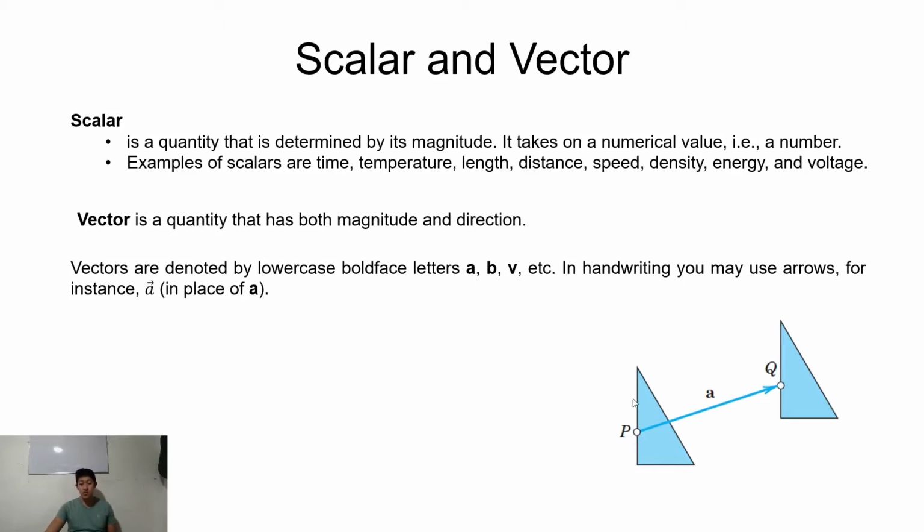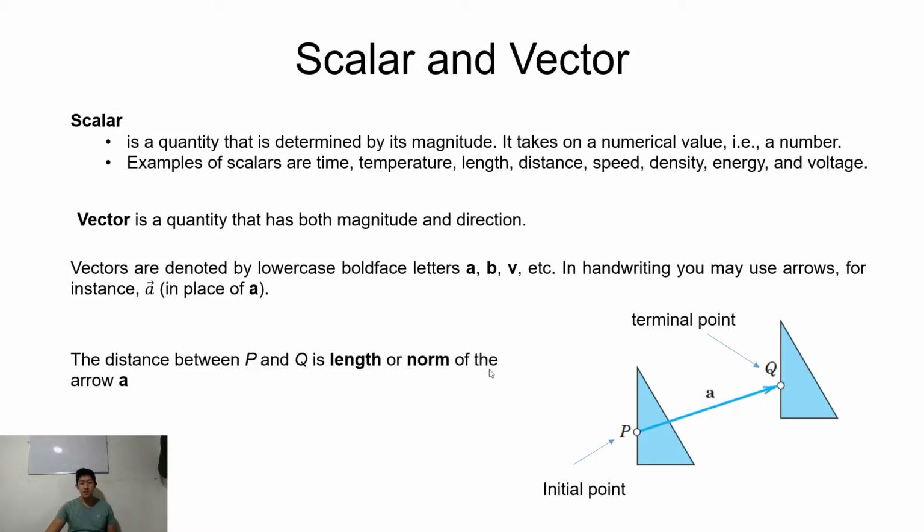Point P is the initial point, and point Q is the terminal point. The distance between P and Q is called the length or the norm of the vector. Now, if the length of the vector is 1, this is called a unit vector.